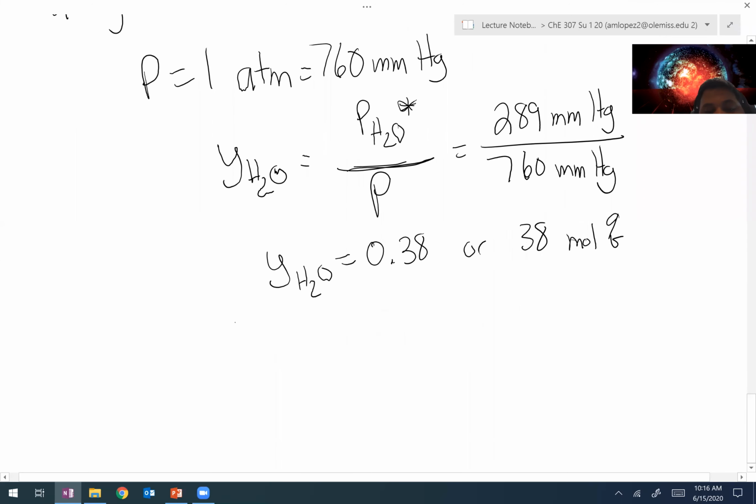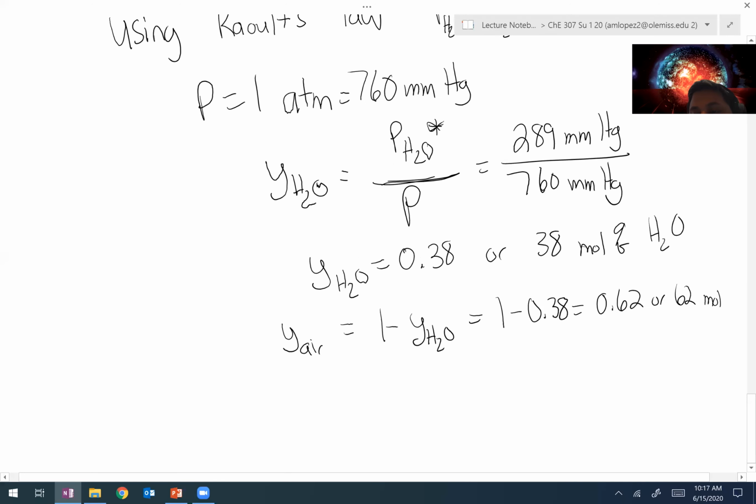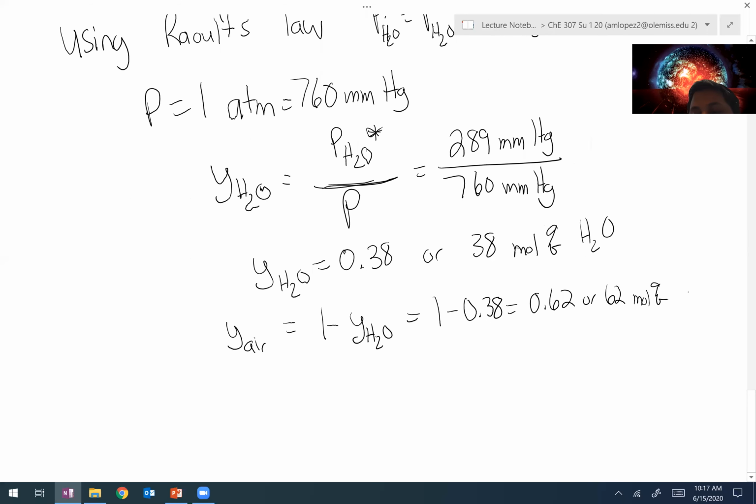And that tells me that the mole fraction of air in that mixture is 1 minus the mole fraction of water, or 1 minus 0.38, or 0.62, or 62 mole percent. Dry air, or air.